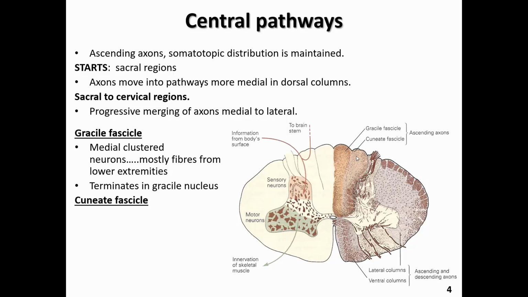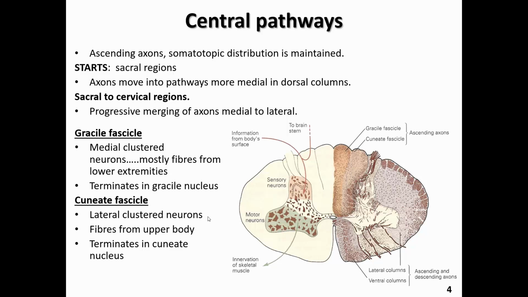The more laterally positioned cuneate fasciculus does contain more fibers from the upper body, and it terminates in a similar region in the brain, which refers to the nucleus or the cluster of cell bodies where we have synaptic connections. Not all of the neurons that ascend synaptically connect necessarily here. It depends upon the origin of those sensory neurons.